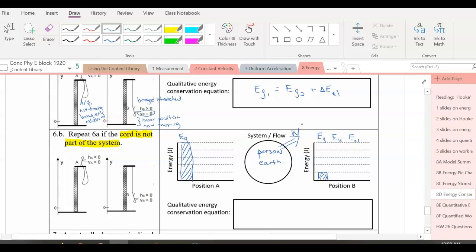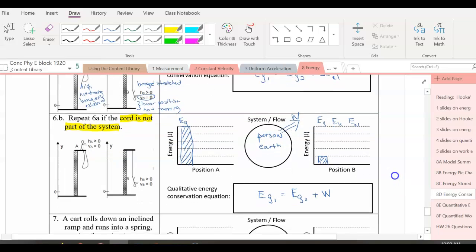The energy is still stored as elastic potential energy in the bungee cord. It's just that the bungee cord is not in the system the way we've defined it. And so my conservation equation says that the initial gravitational energy is equal to the final gravitational energy plus the work that transferred energy out of this system.